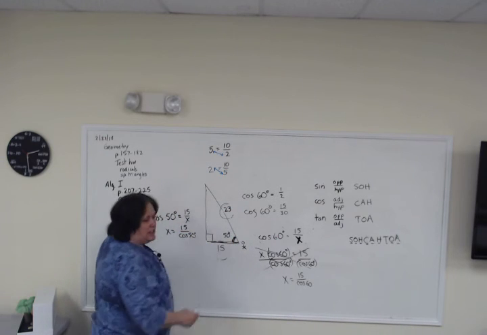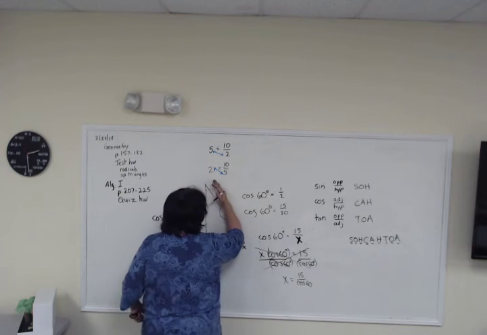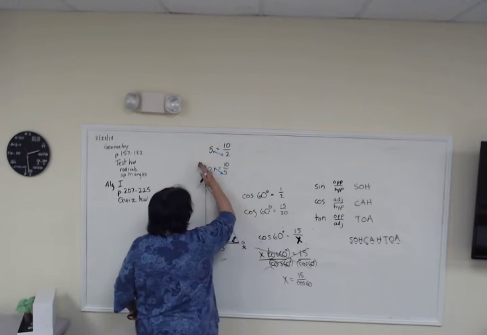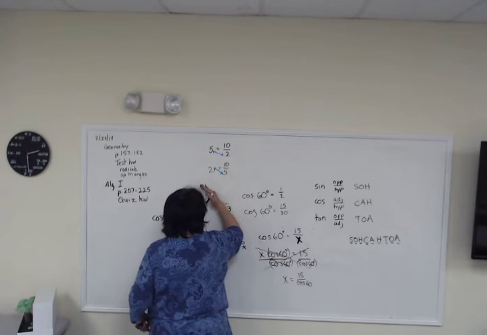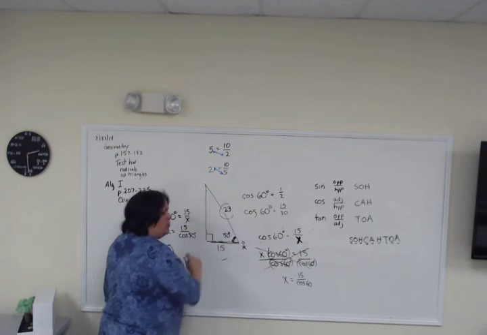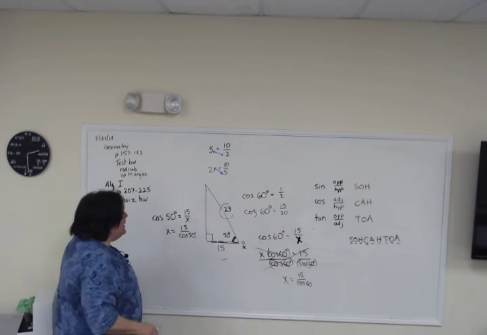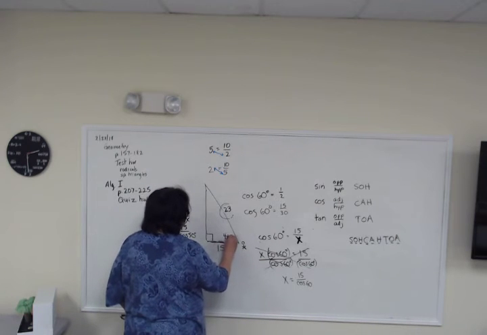Now when this was a 60-degree angle, look right here, this was tilted up more, and so this was longer, wasn't it? But when I bring this down to a 50-degree angle, close this up a little bit, then this side gets shorter, doesn't it? Now, what if this were a 40-degree angle?